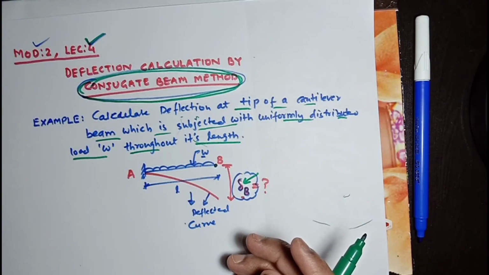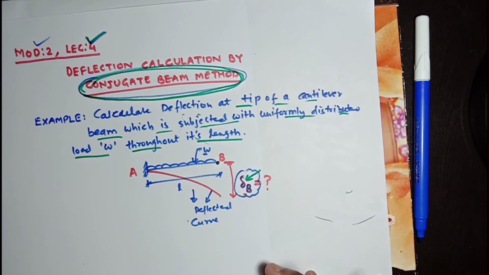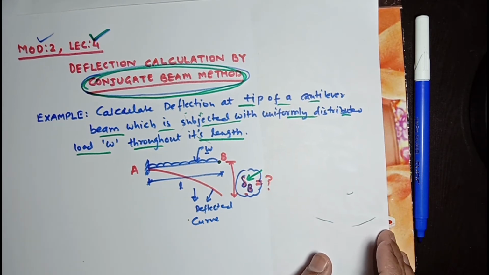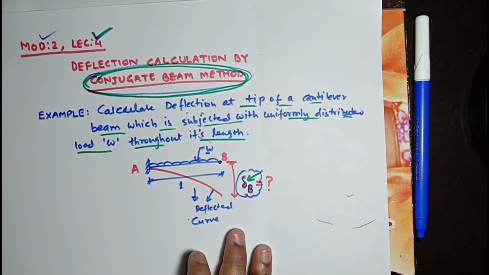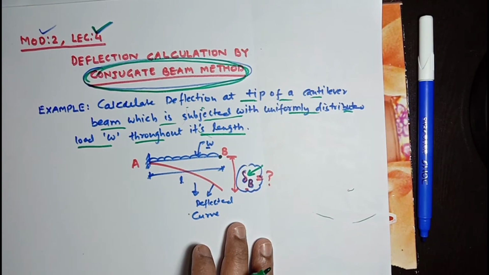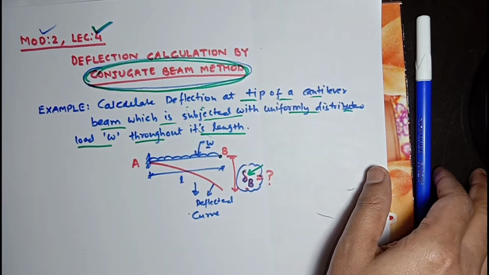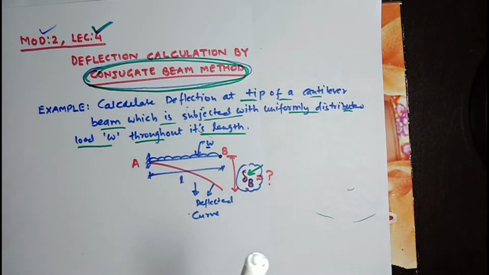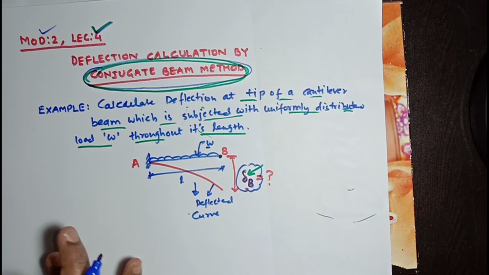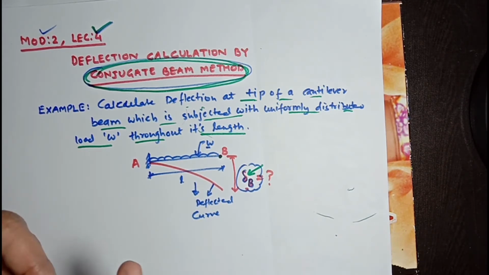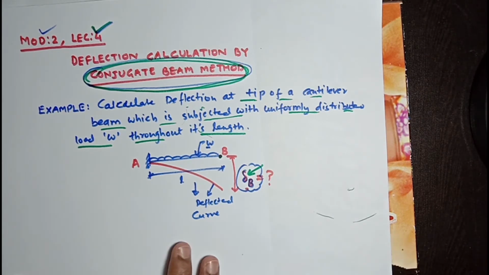Now in this lecture 4, I am going to solve the same problem using the conjugate beam method. Before starting this lecture, I want to explain how the conjugate beam is developed, and how the real beam is converted into a conjugate beam.